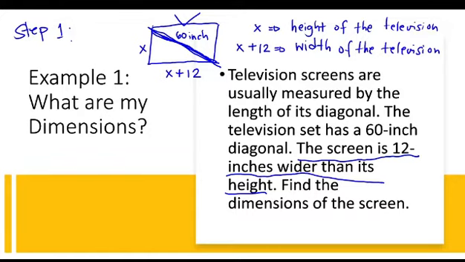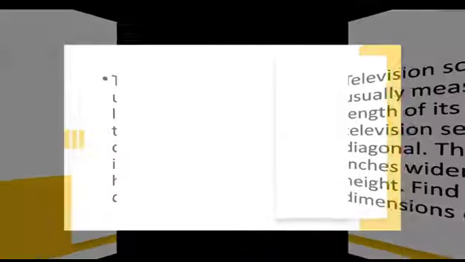So, let's go over with devising a plan. Okay, so since we are talking about the diagonal, let's take note again. The diagonal, which is equal to 60 inches, and X, which is the height.